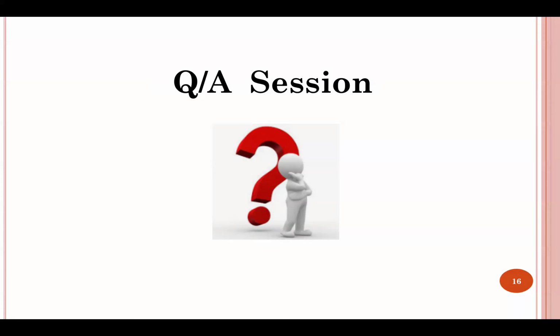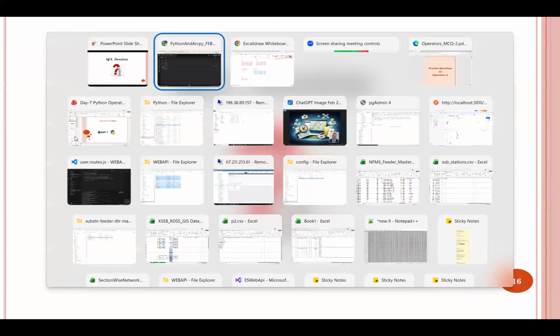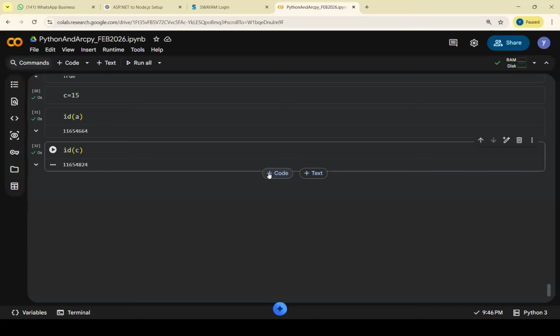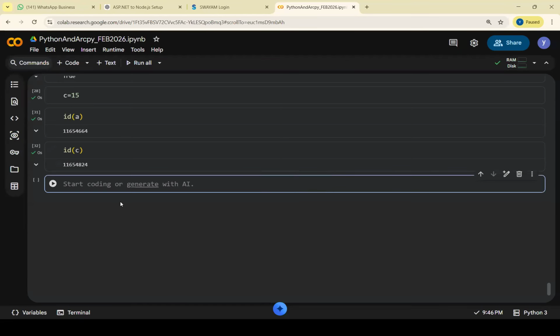And in our second session, we discussed the binary number, which is 010101. Let's suppose you have 15 and I ask you to convert this 15 to a binary number.